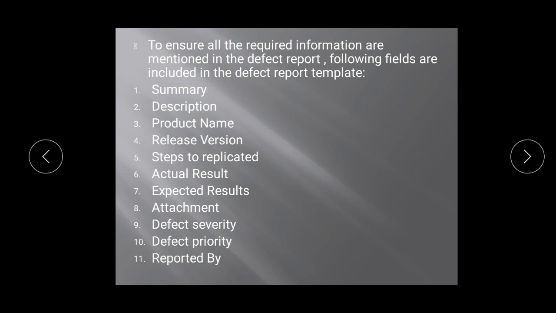Then defect severity and defect priority, which are given by the development team only, and reported by, that is the person who is looking after this testing or defect. They have to write their own name in the reported by field.